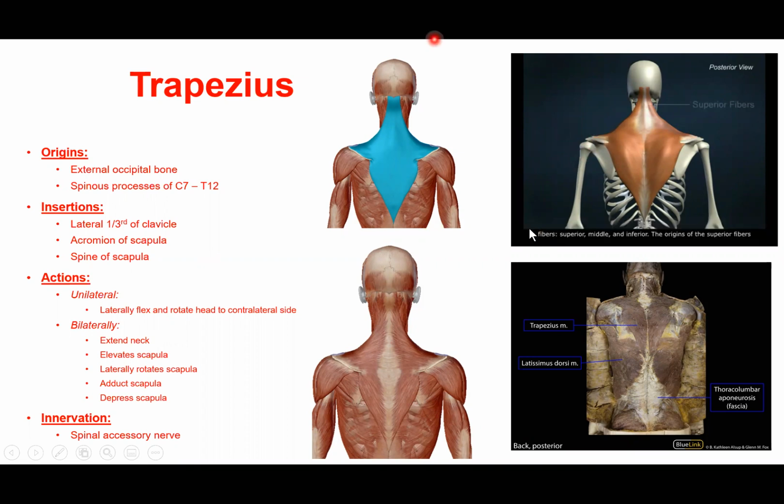Okay, and also when you look down here at the picture, you can kind of see how the fiber direction sort of changes in these 3 planes. So in this superior portion, fiber direction is kind of running this way.